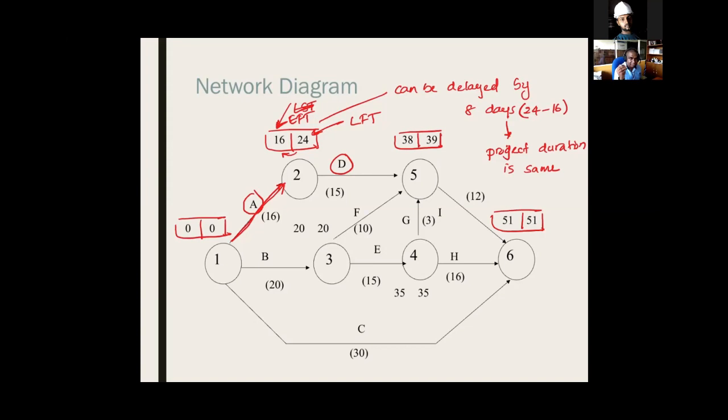But try to understand, if there's a difference in the values that we get, that means there's a float. That's the only thing that I want to say here. That activity can be delayed, but the project duration can be kept the same.